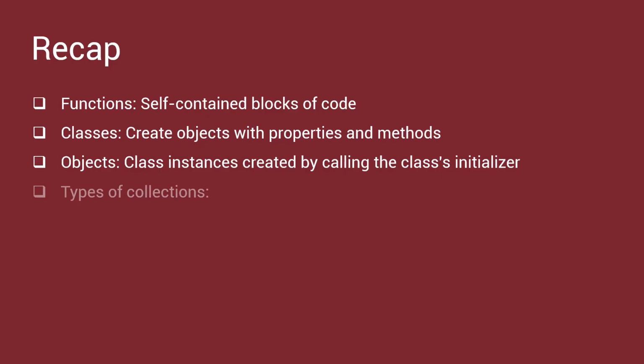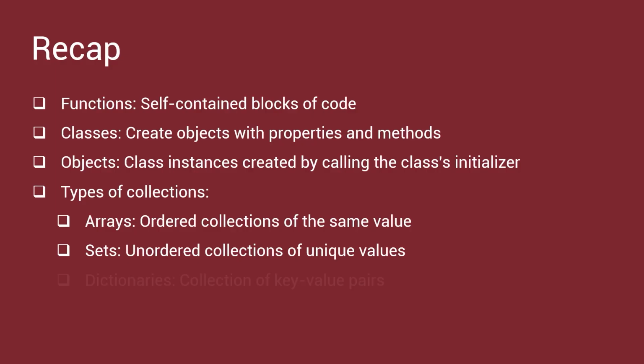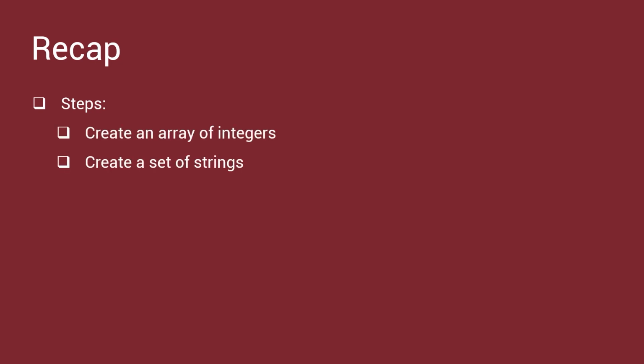Swift offers 3 primary types of collections: arrays, sets, and dictionaries. Arrays refer to ordered collections of the same type of values, whereas sets refer to unordered collections of unique values. Dictionaries refer to collections of key-value pairs. Finally, the steps to create different collections include creating an array of integers, a set of strings, and a dictionary.